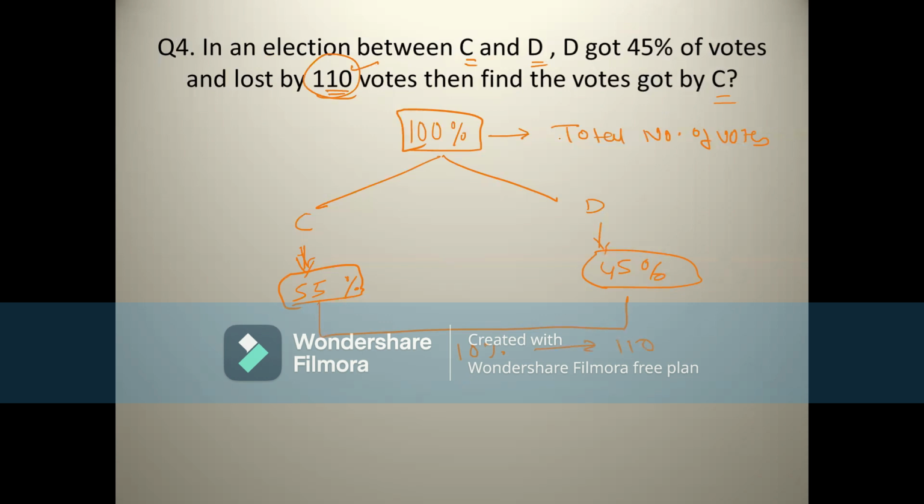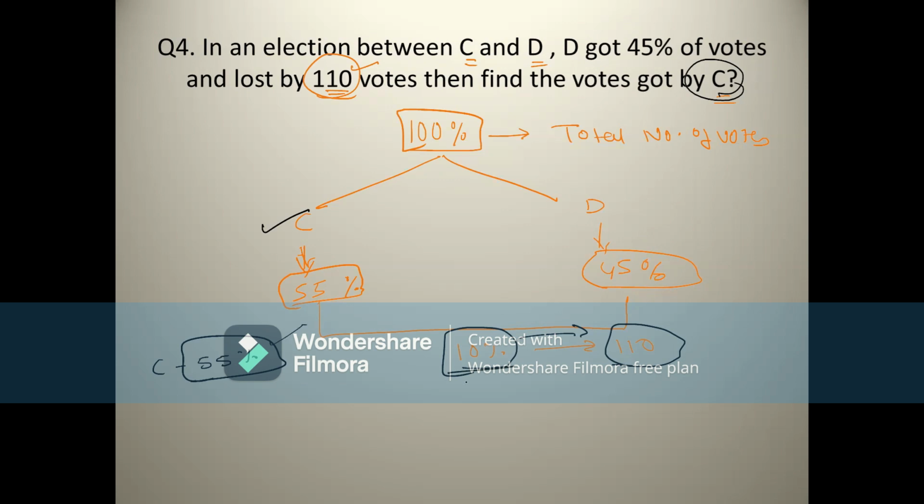So what do you have to find? You have to find the number of votes that C gets. Okay. So the value of 10% is 110. C got 55% of the vote, so you want the value of 55%.